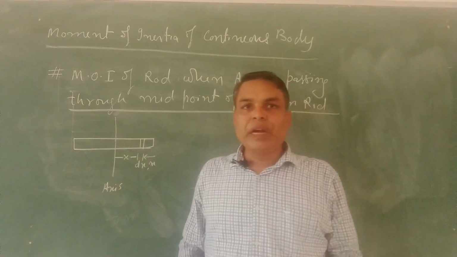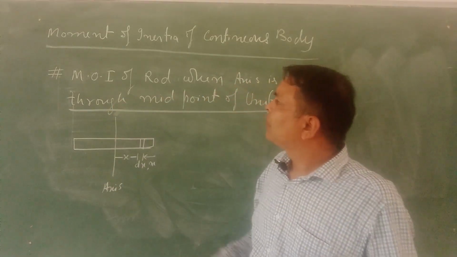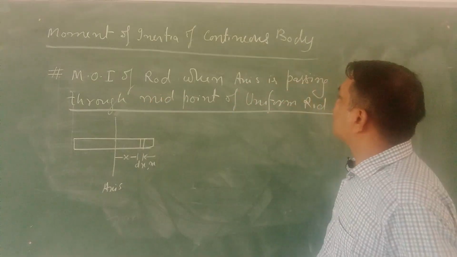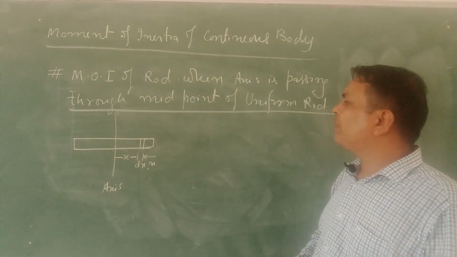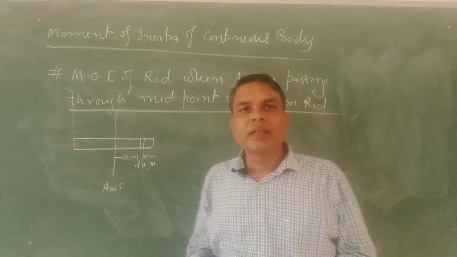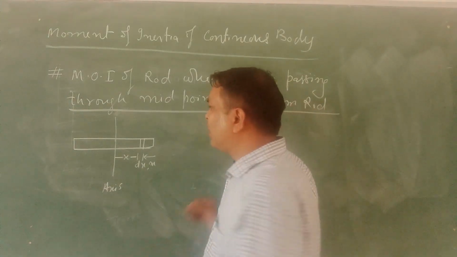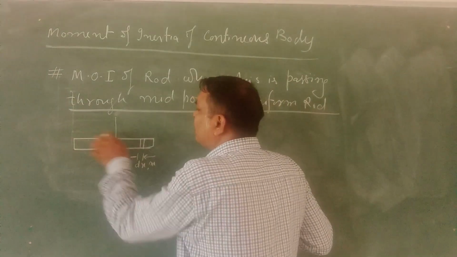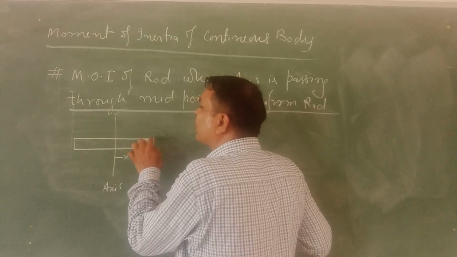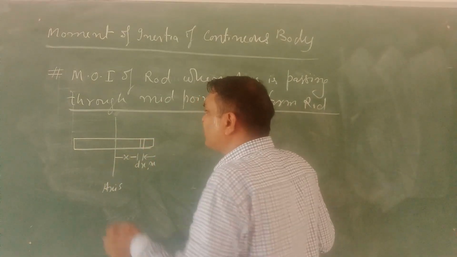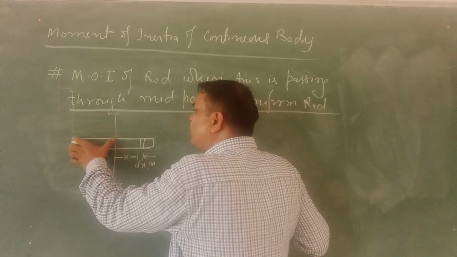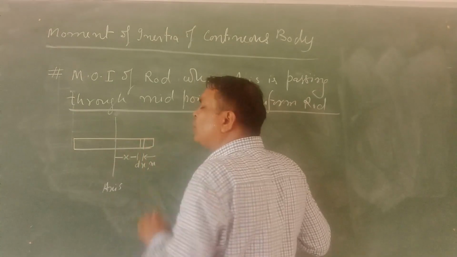We are going to find the moment of inertia of the rod when the axis is passing through the midpoint of a uniform rod. Here again the total length of the rod is L, total mass is M, so half length is L by 2 and half length is L by 2.